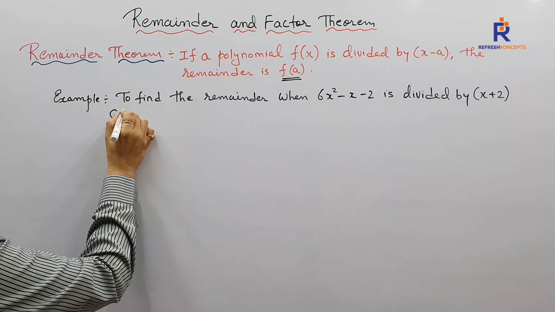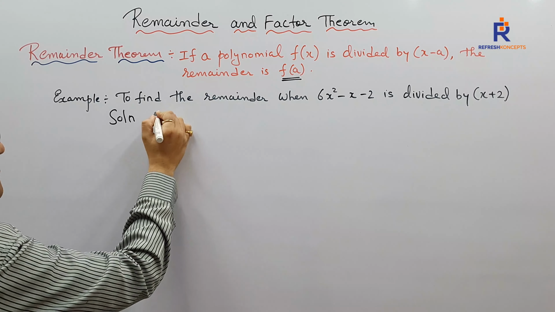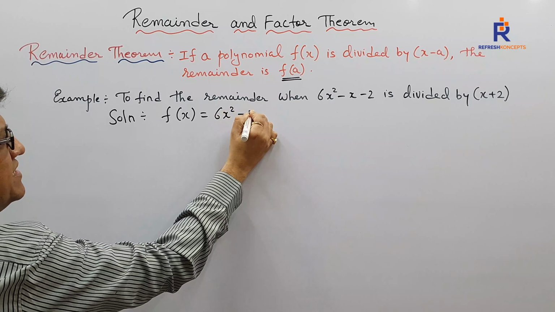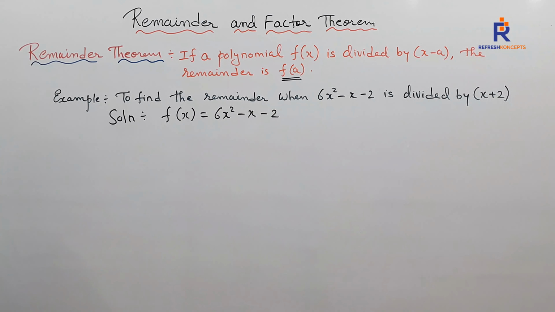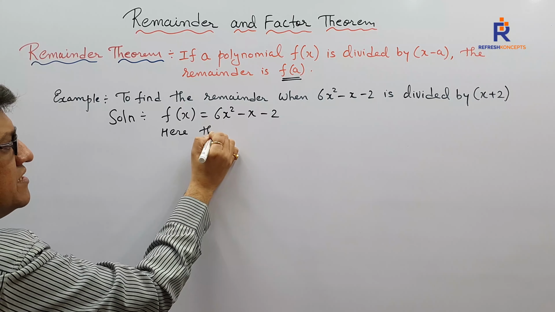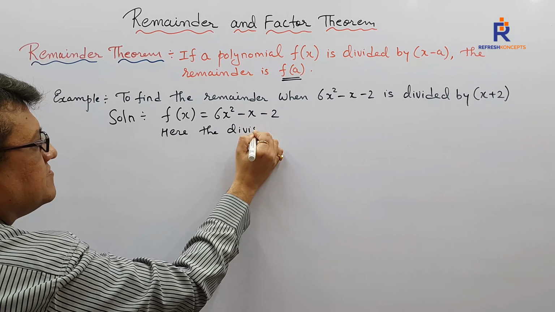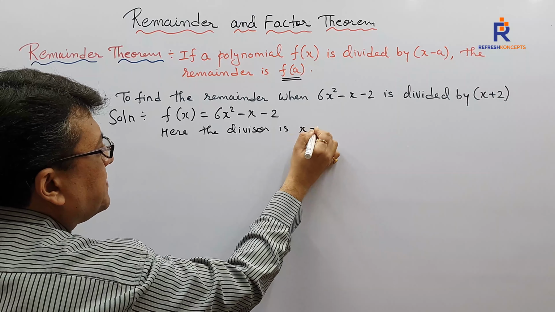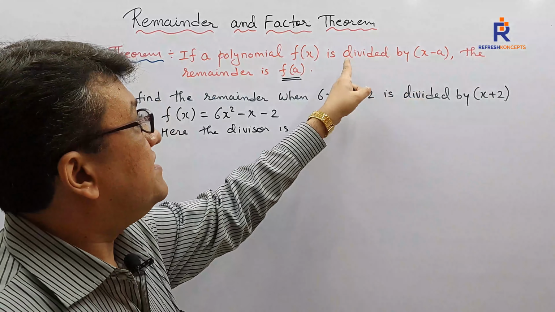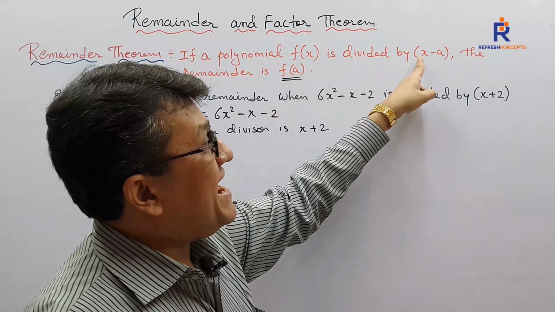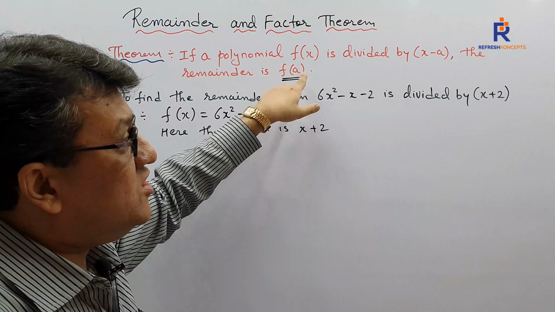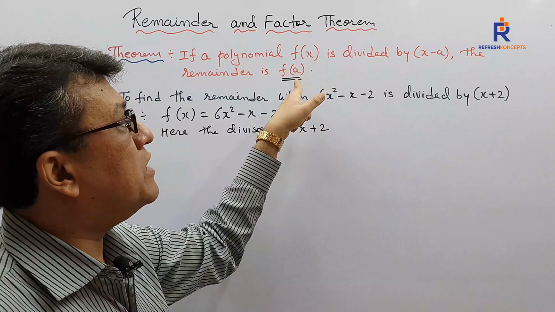So my solution will be: f of x is 6x square minus x minus 2. Now comes the major thing. Here the divisor is x plus 2. Those who are wondering that by the definition, when f of x is divided by x minus a the remainder is f of a, how did this minus a get converted to plus?